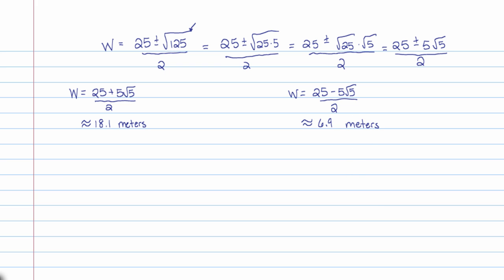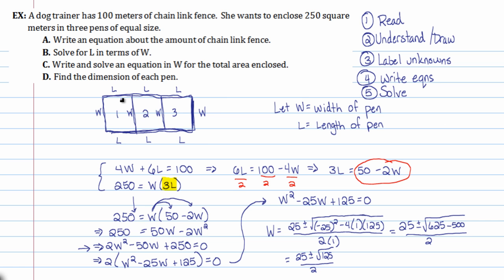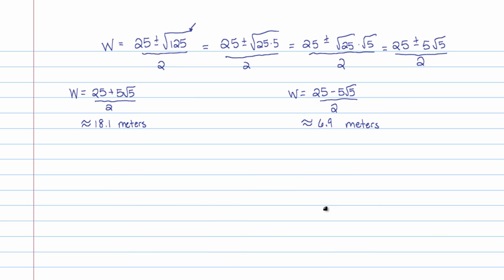Now, the original question was asking us to find the dimensions of each pen, so that means we need the length and the width. And there's a relationship between length and width. We know that 3 times the length is 50 minus 2w.